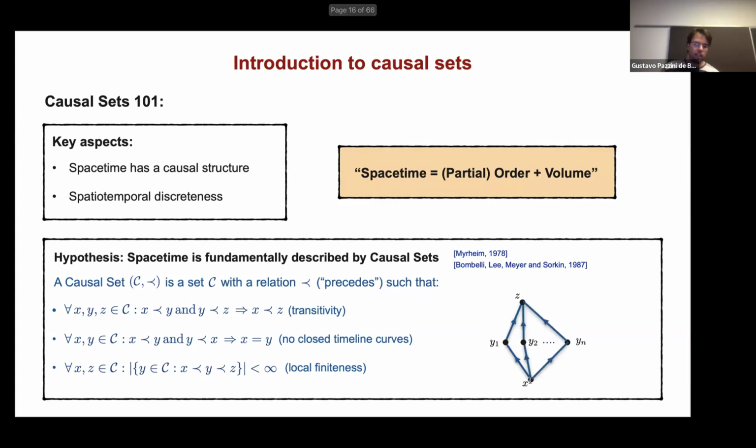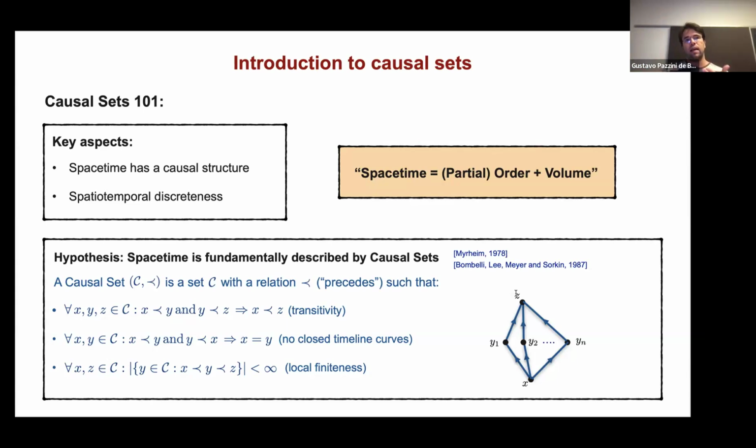And the third assumption about a causal set is that given 2 points, the number of points between these 2 points has to be finite. So here I have x and z, and I have a bunch of points y1, y2, and so on, that are between x and z in this causal notion.